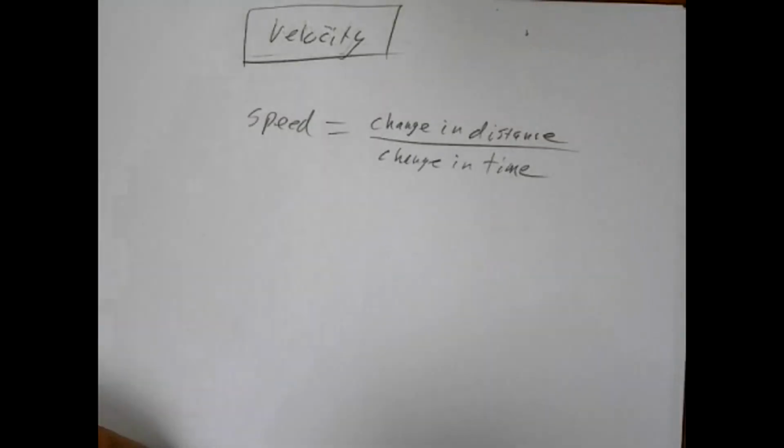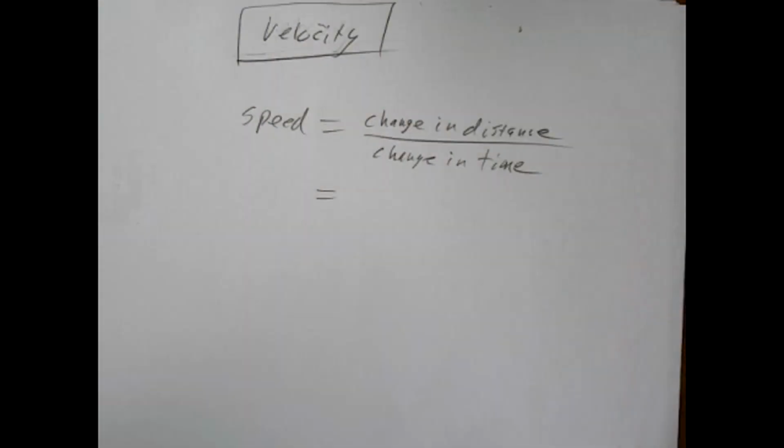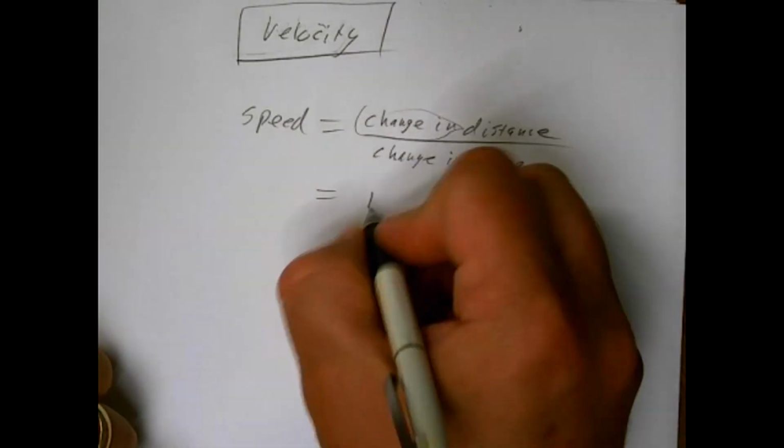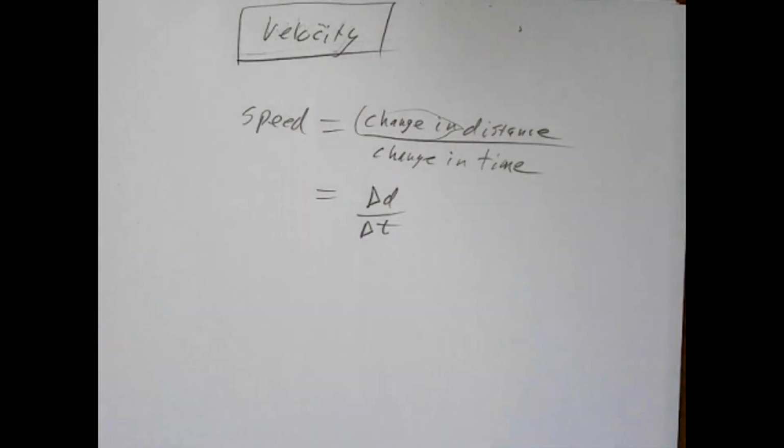Now, there's a better way to write this. In math classes, and calculus in particular, we'll use the Greek letter delta to mean change in. So I could rewrite this as delta D over delta T. And that's one way to express speed.